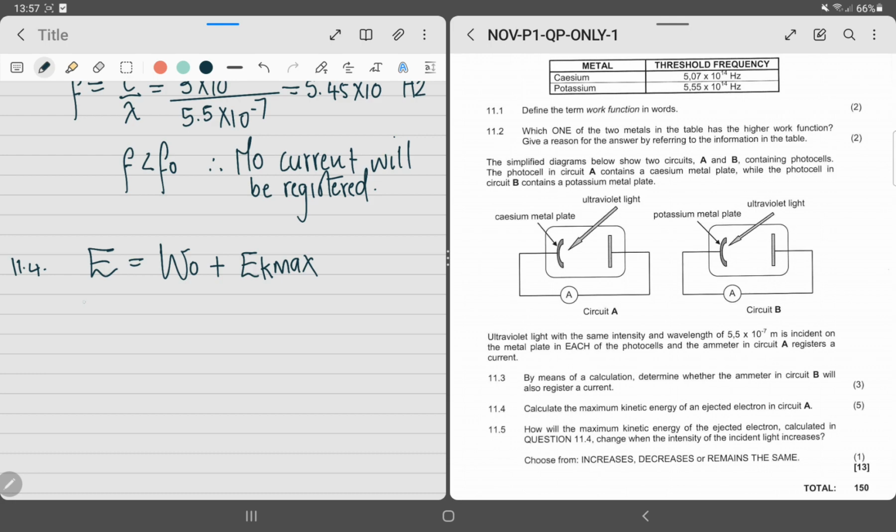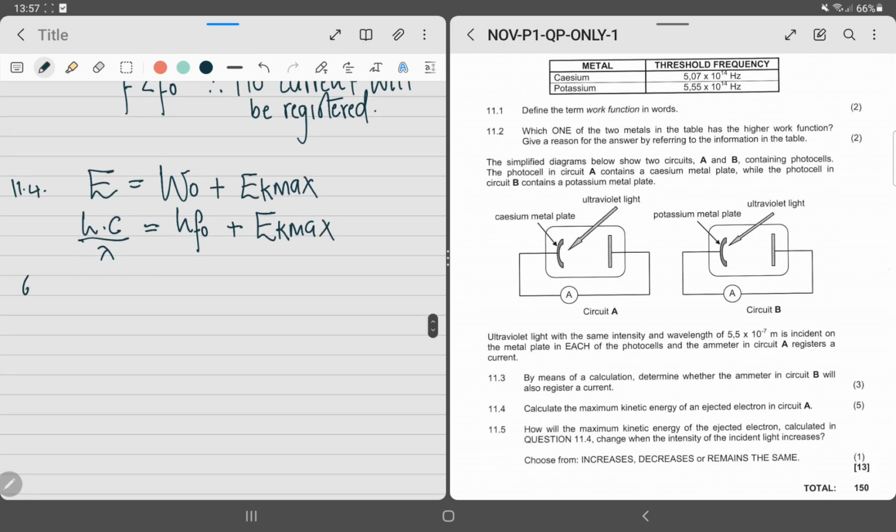This right here is h multiplied by c over lambda. The work function is Planck's constant multiplied by the threshold frequency, plus EK max. 6.63 times 10 to the exponent of negative 34 multiplied by 3 times 10 to the exponent of 8 over the wavelength, which is given as 5.5 times 10 to the negative 7.